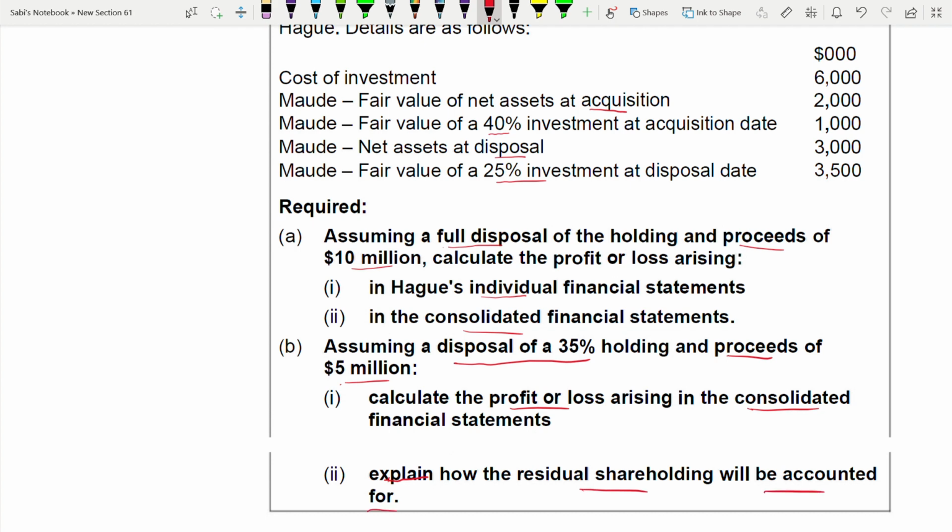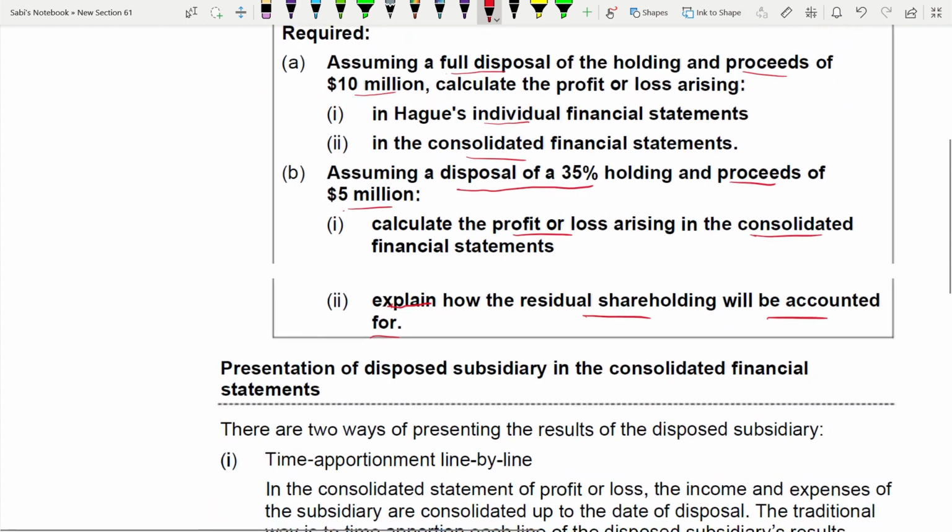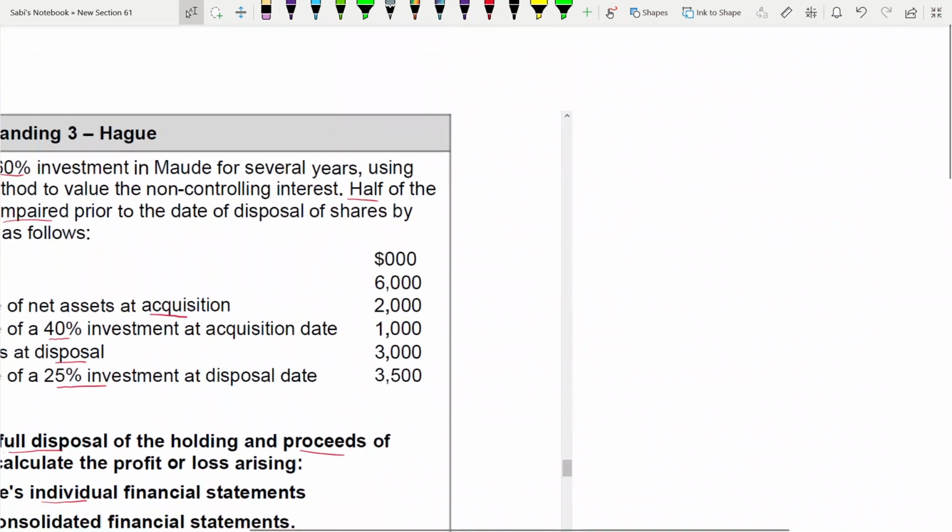So let's start with A, where it is a full disposal. Full disposal is actually a little easier compared to partial disposal.